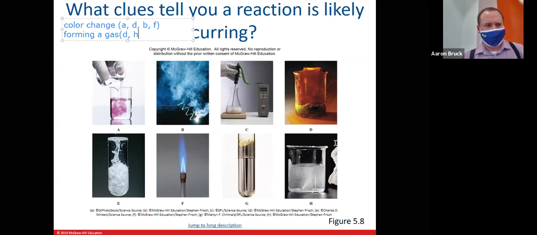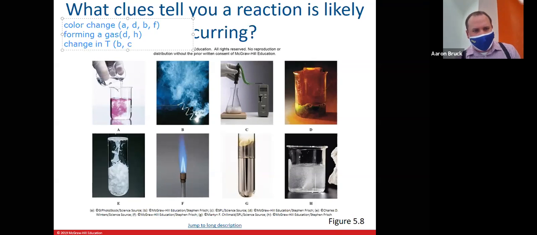Right. Okay, David's pointed out temperature change. And that's being pointed out to us in B. The magnesium strip has caught on fire. In C, the thermometer has indicated that we are dropping in temperature.